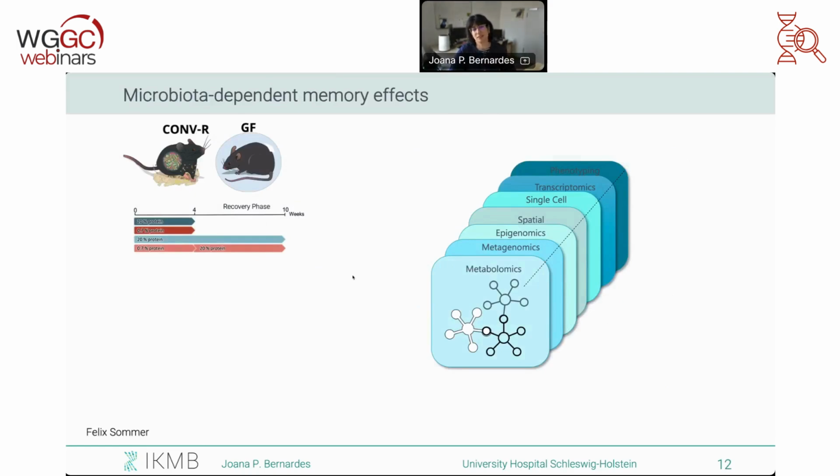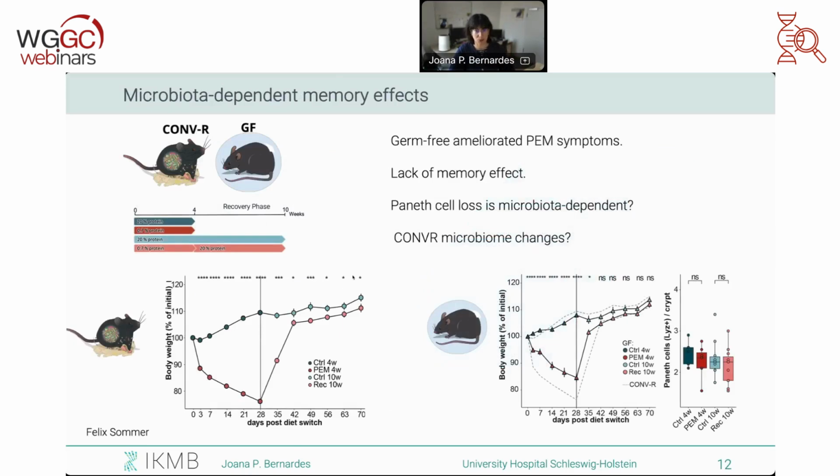Phenotypically, the differences were quite striking, and we were very puzzled. The germ-free mice did not seem to have such a decrease in weight as the conventionally raised. So germ-free seems to ameliorate the PEM symptoms when it comes to weight.